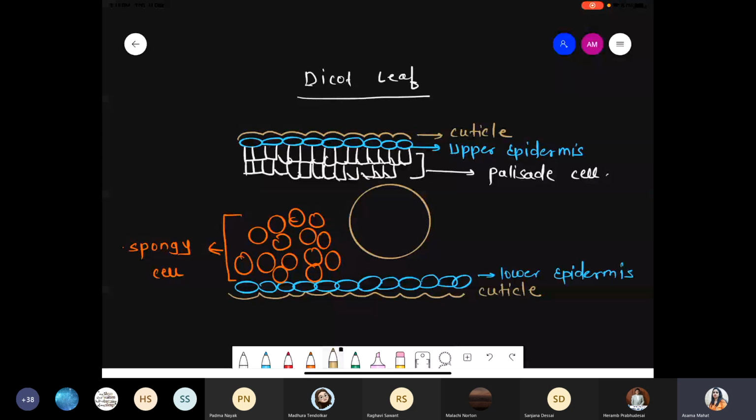Around the vascular bundle, there is the presence of some bundle sheath cells, like this. So toward the surface area, there are some cells, which are represented by this red color.